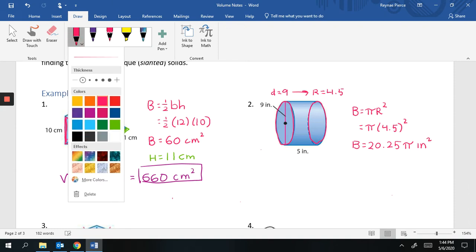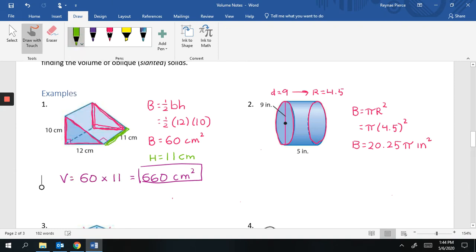The height, I know this cylinder looks like right now that it's 9 inches tall, but remember that height is the distance between the bases. So our height here is 5 inches.